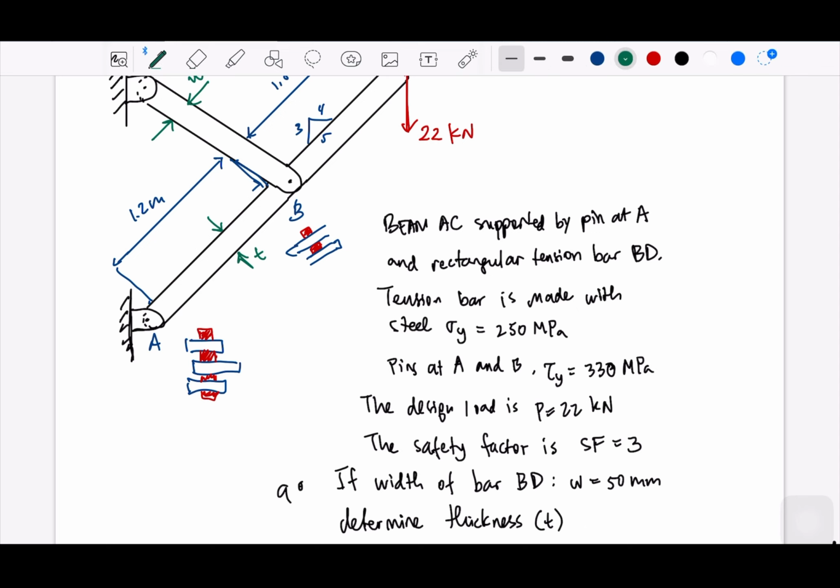It's the thickness and width. So this is BD, not the AC, sorry.